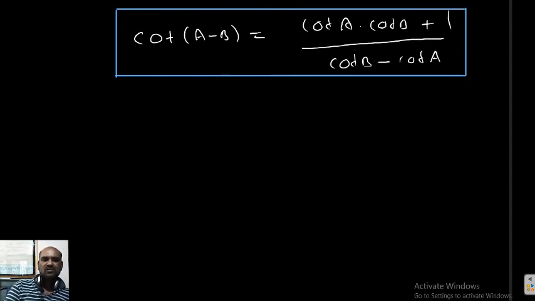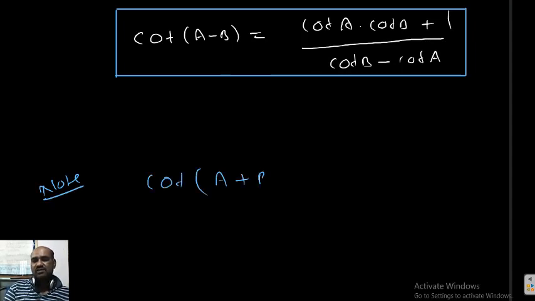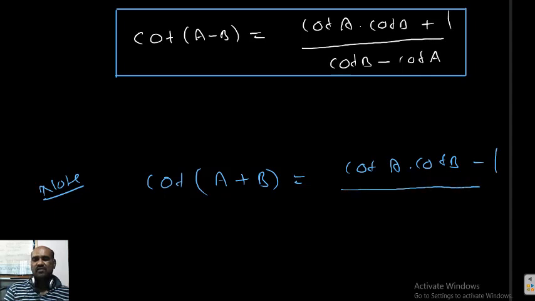So final note: cot of A plus B is equal to cot A cot B minus 1 by cot B plus cot A. Observe, here plus means you get minus in the numerator, and for minus you get plus.